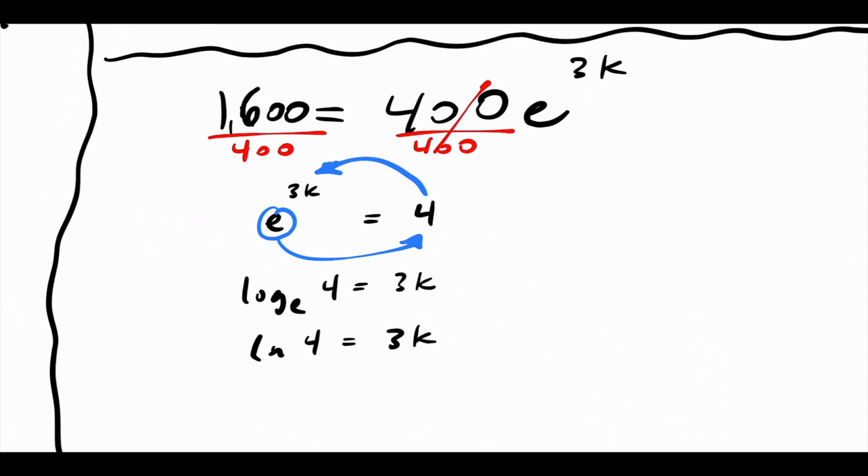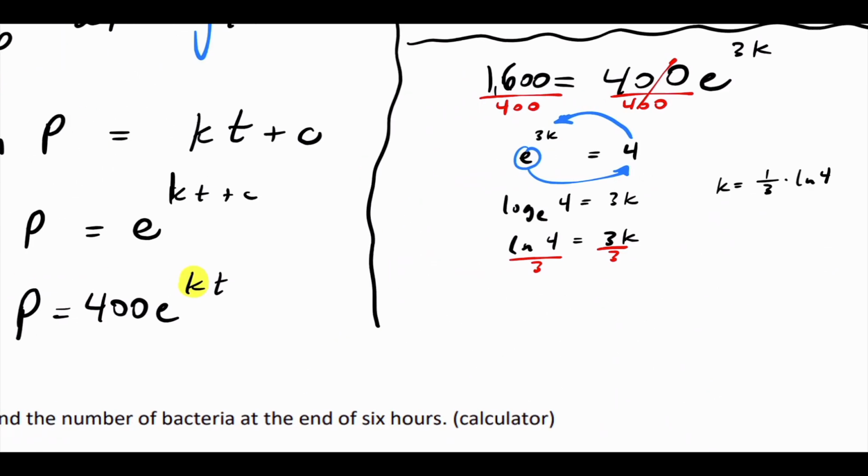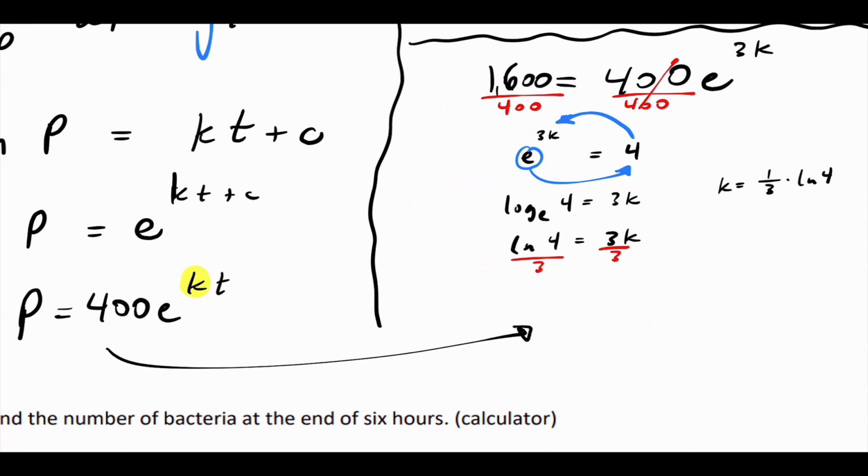Solve for k. K equals 1/3 times the natural log of 4. So P equals 400 times E to the 1/3 times natural log of 4, T power.